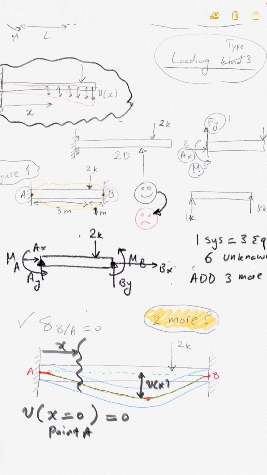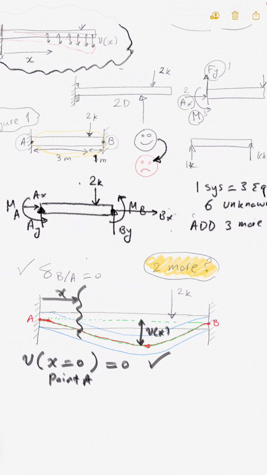We know it, even before we formulate the problem, even before we know what the equation is for the deflection. Just from the shape, from the physics, this comes from the observation. There is no way that point A can move. This is one more equation by itself.